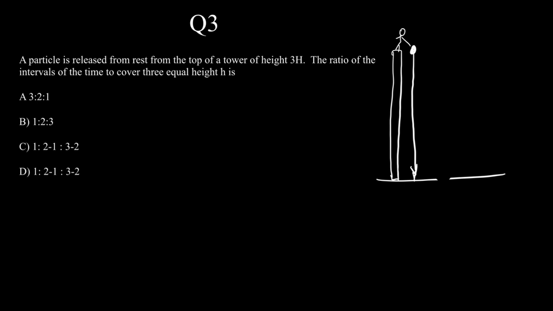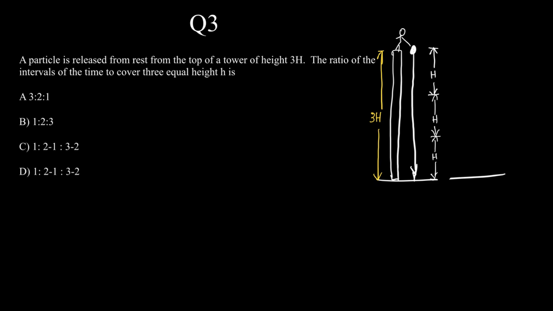So height of the tower is given to be 3h. All right, that's correct. And what we need to find is h. Say this is also h. And say this is also h.